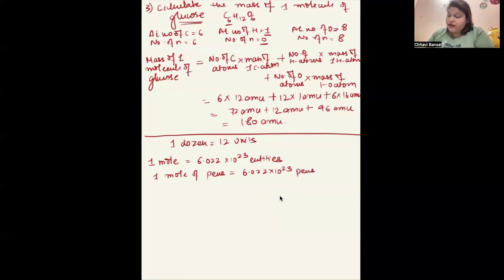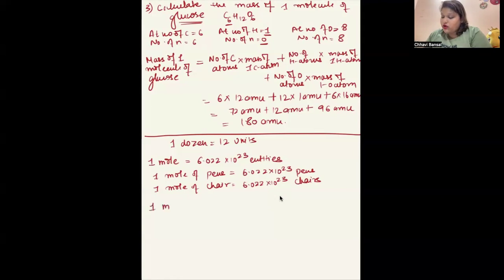If I say I have 1 mole of chairs, it means I have 6.022 into 10 raised to 23 chairs. This is what 1 mole is. Just like how 1 dozen is equal to 12 units, same way 1 mole is equal to 6.022 into 10 raised to 23 entities.